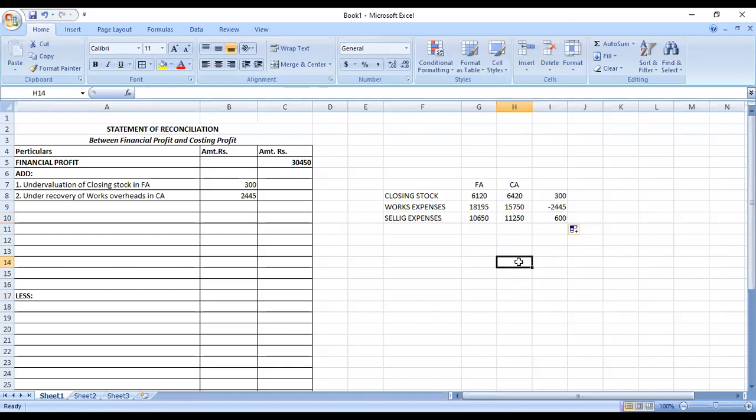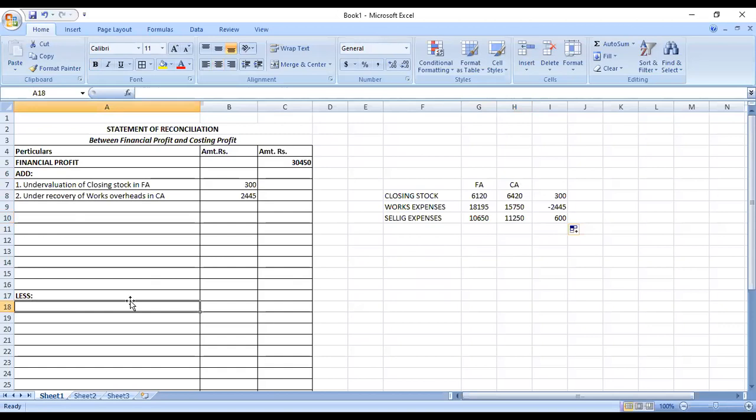कितना डिफरेंस है? 600. तो सेलिंग ओवरहेड फाइनेंशियल अकाउंटिंग में कम है, कॉस्टिंग में ज्यादा है. दैट मींस ओवर रिकवरी ऑफ सेलिंग एक्सपेंसेस इन कॉस्ट अकाउंट्स. इधर अंडर रिकवरी, दैट मींस वो ऐड. सो ओवर रिकवरी को क्या करना पड़ेगा? लेस ही करना पड़ेगा ना. ओके, 11,250 एक्सपेंसेस लिया है ना वहां पे कॉस्टिंग में. हमने ओनली 10,650 लिया है, तो हमें भी वही एक्सपेंसेस लेना है. वो एक्सपेंसेस लेना है मींस हम क्या करेंगे? वी हैव टू लेस फ्रॉम द प्रॉफिट.